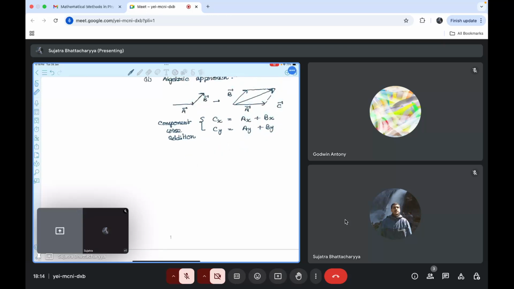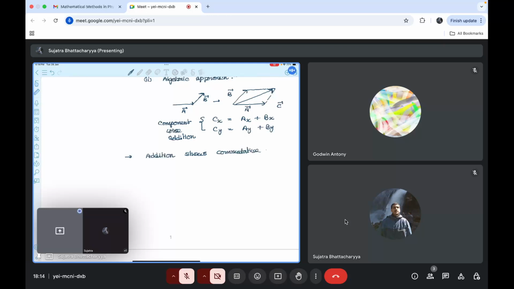Some more properties are there in case of vector addition, which must be taken into account, particularly for this linear algebra part. One is that addition of vectors shows commutative nature.